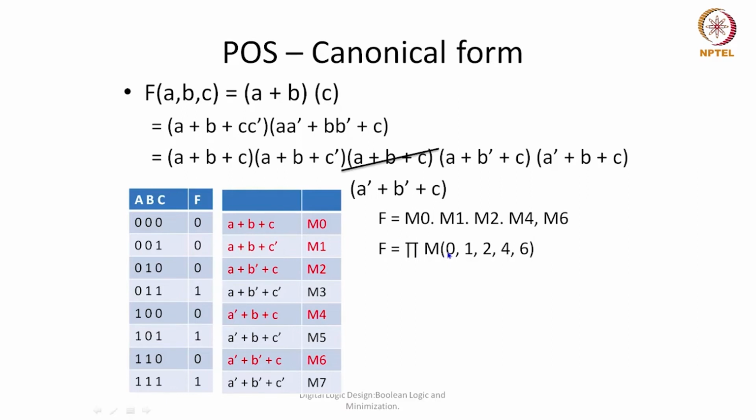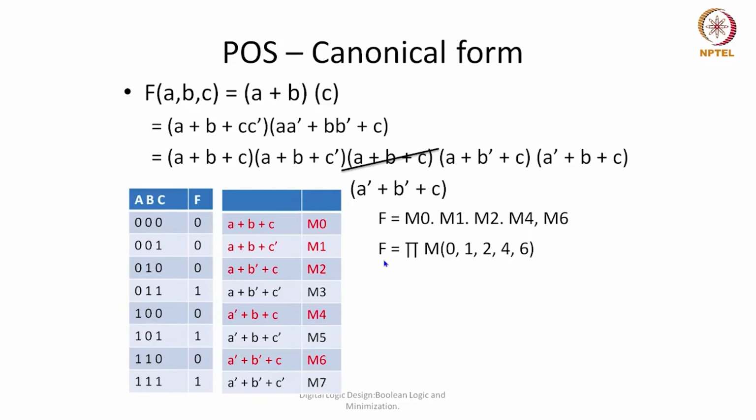So max terms 0, 1, 2, 4 and 6 are being multiplied to get this expression f. So this is how the canonical form of product of sum can be derived out of any expression.